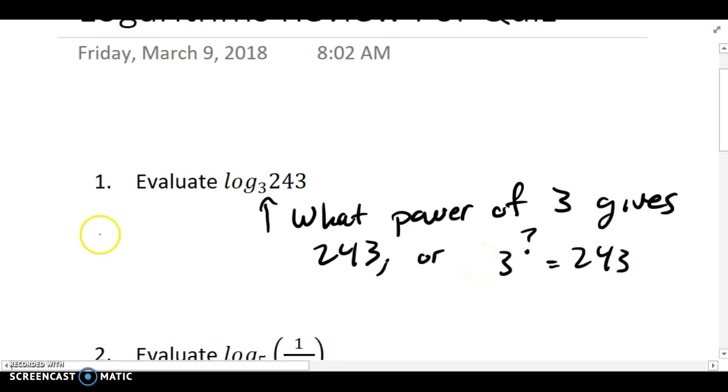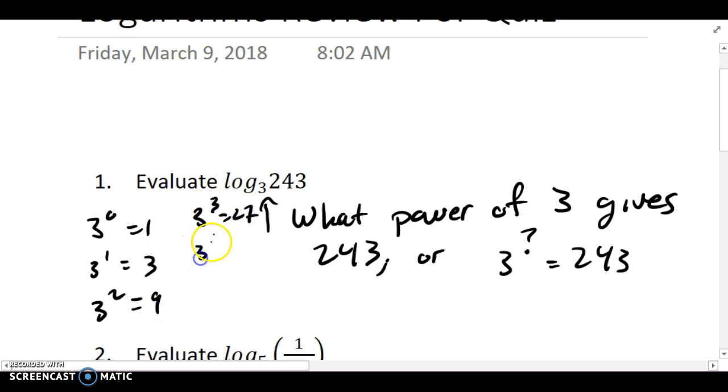So we can go through our powers of 3. 3 to the 0 is 1, 3 to the 1 is 3, 3 squared is 9, 3 to the third is 27, 3 to the fourth is 81, and 3 to the fifth is 243. So this would equal 5.